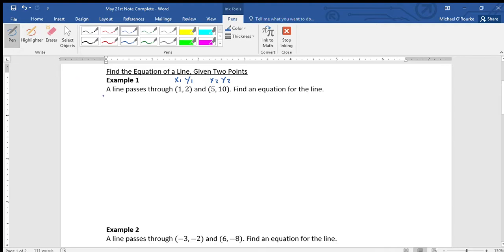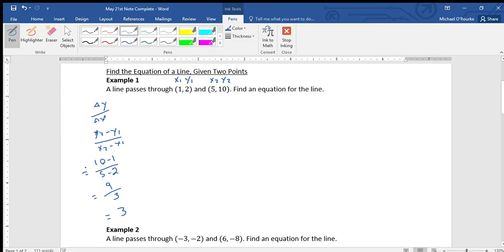So let's go through and find our points. Delta y over delta x, which equals y2 minus y1 over x2 minus x1. So y2 is 10 minus 1 over 5 minus 2, which equals 9 over 3, which equals 3.